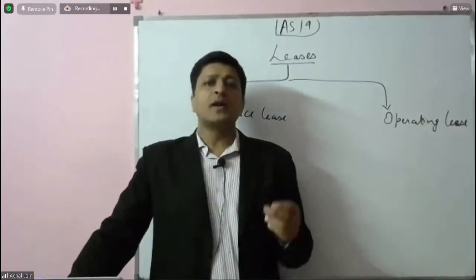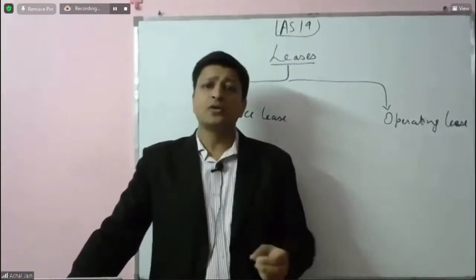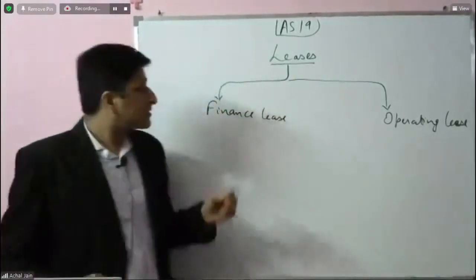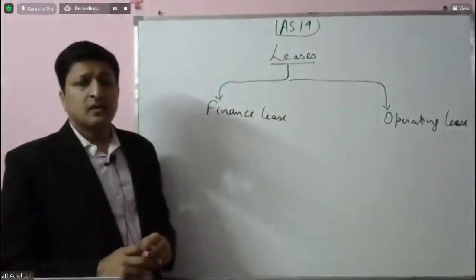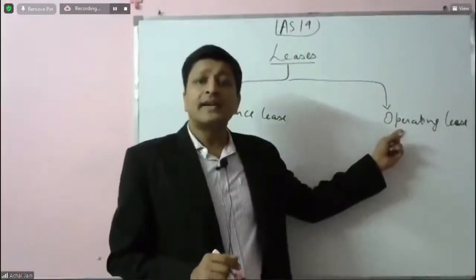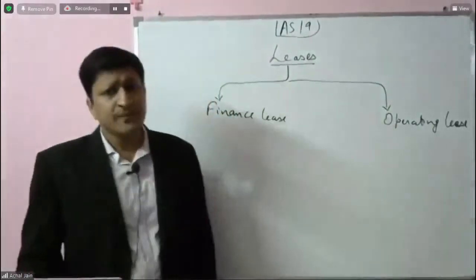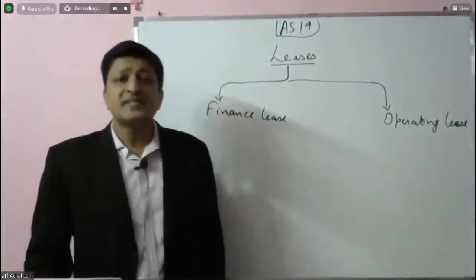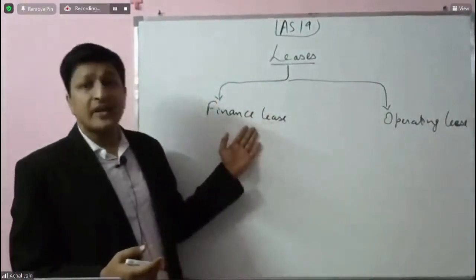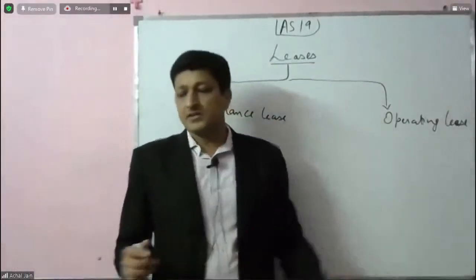This means if it's a finance lease, accounting of lessor will be different from the one that lessor will do in case of operating lease. And if it's a lessee, then the accounting which lessee would do in case of finance lease will be different from what he would do under operating lease.